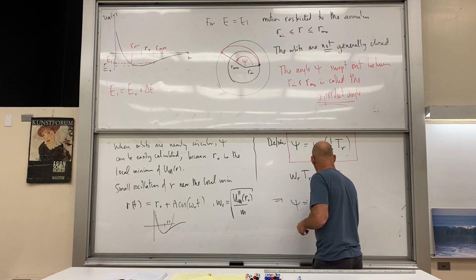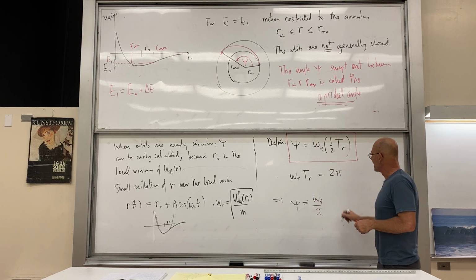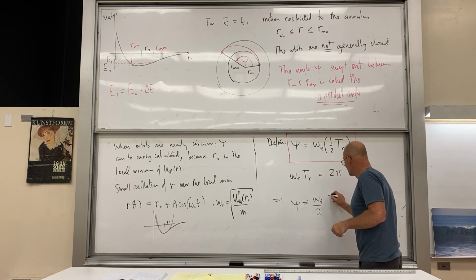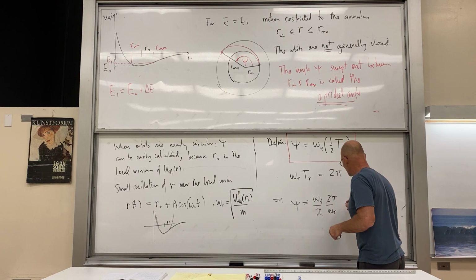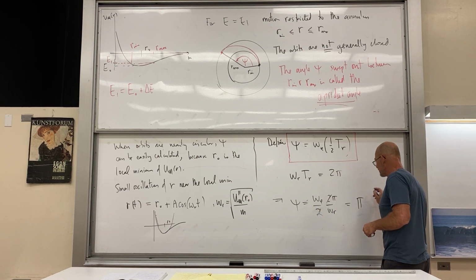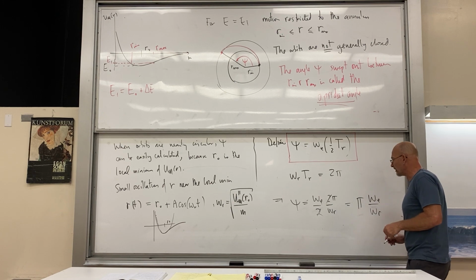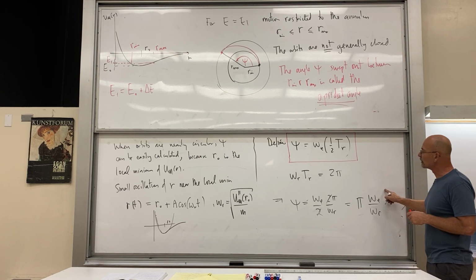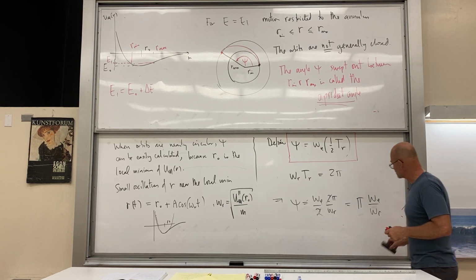C is equal to omega sub phi over 2, and then T sub r is 2 pi over omega sub r. So we can also call this pi omega sub phi divided by omega sub r. And this is the one we're going to use in our general calculation.